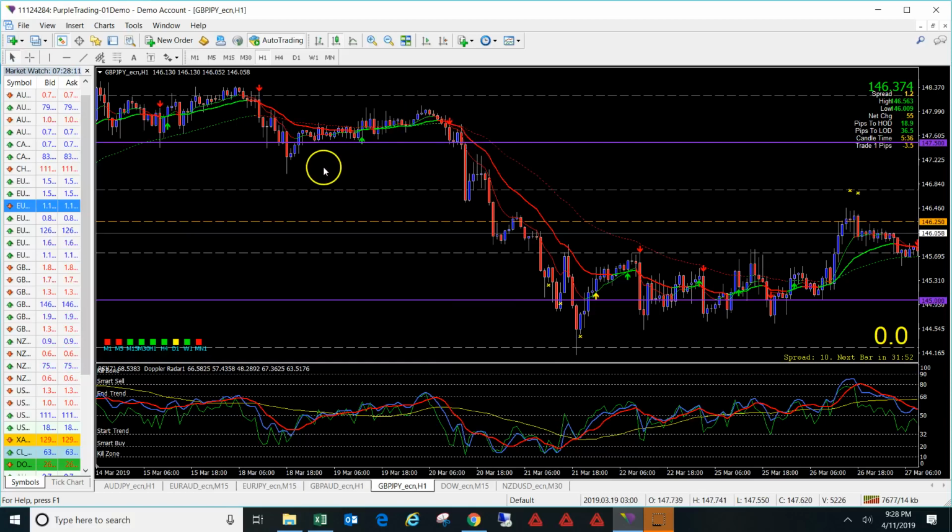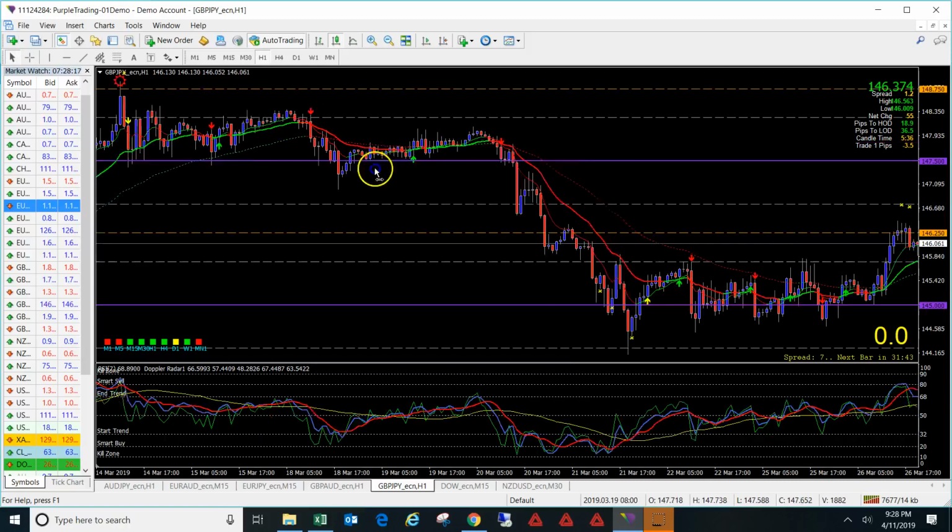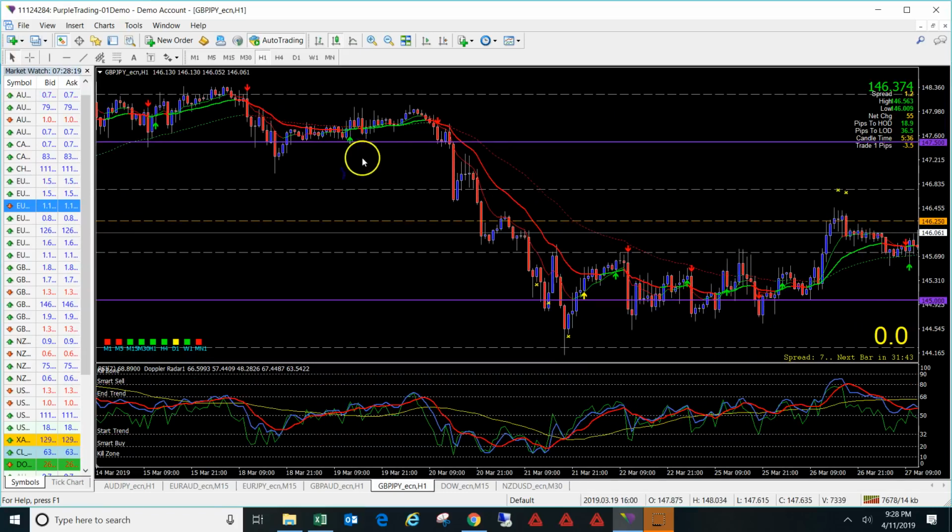Of course, you would have to be watching your charts for these kinds of things. So anytime you're analyzing a pair and you see some consolidation, with all the MAs tight together, you can start anticipating some type of breakout.